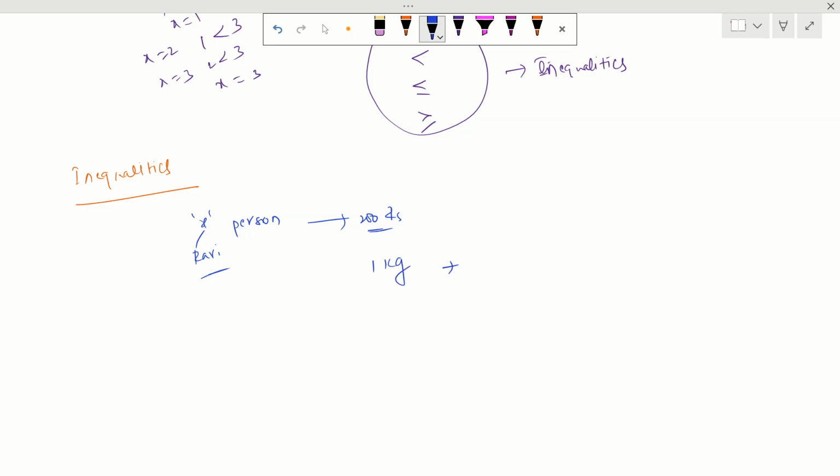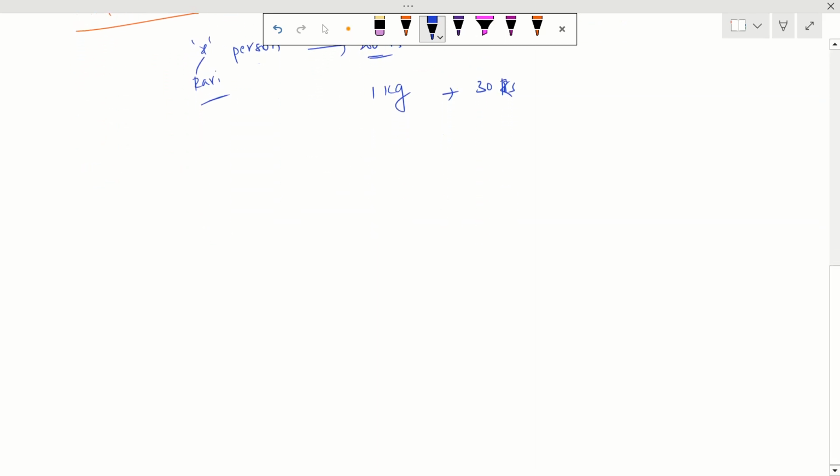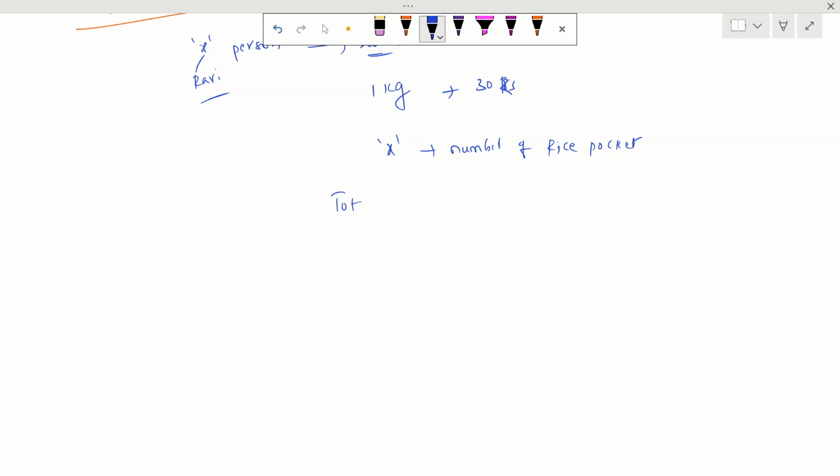The cost of a 1 kg rice packet is 30 rupees, right? And the number of rice packets will be x. Then the total cost price is 30 rupees for one packet and the number of packets is x, therefore it is 30x.